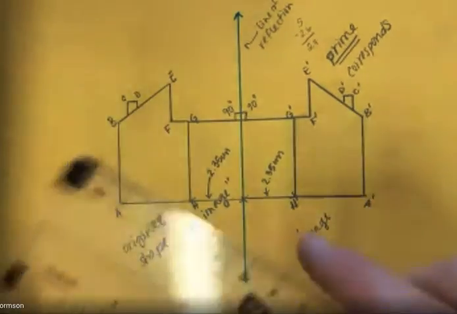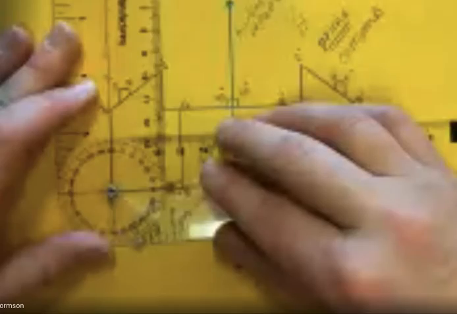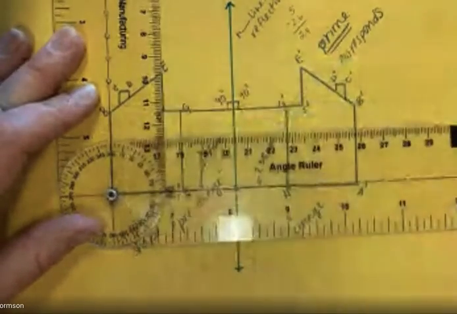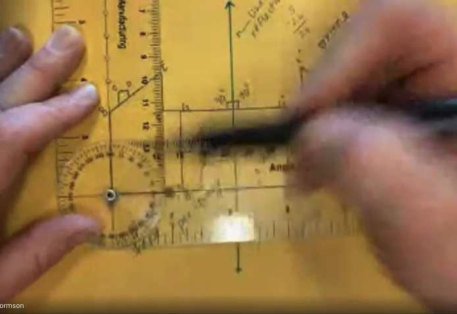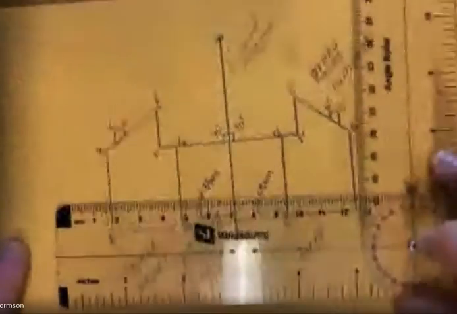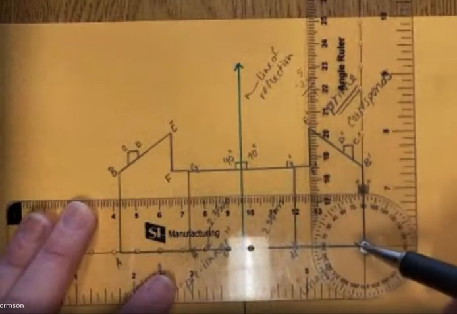So if I was looking at, say, angle A here, I have a 90-degree angle here. And if I were to look at that same angle over on this side, I also have that same 90-degree angle.